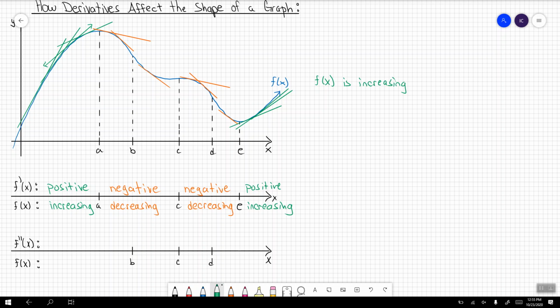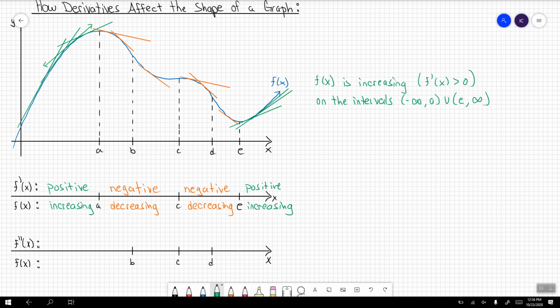And remember, increasing implies that the derivative of the function is greater than 0 on the intervals from negative infinity to a, union from e to infinity. So these are the intervals that my function is increasing on.